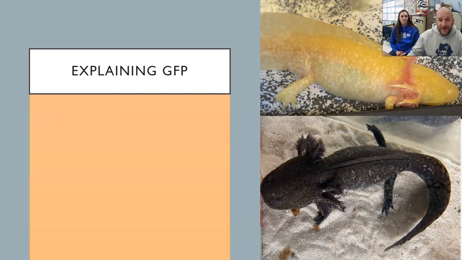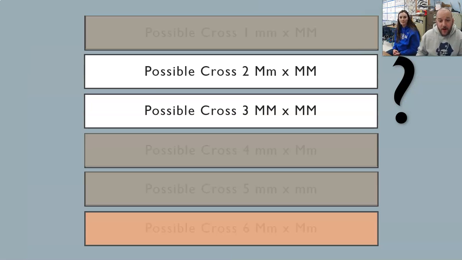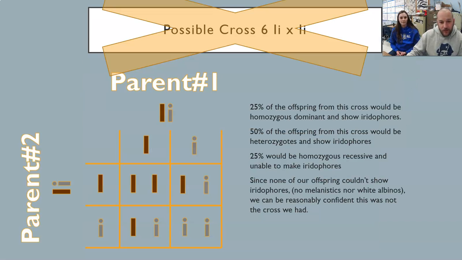Hey, I want to say one more thing, just because it's kind of fun. That possible cross 6, Ms. Funk is absolutely right. We can totally eliminate it, but only kind of, because it is possible that we got some really weird statistics thing going on here, where we did have 2 heterozygotes, but every single time, just by dumb luck, one of the parents donated those dominant alleles.